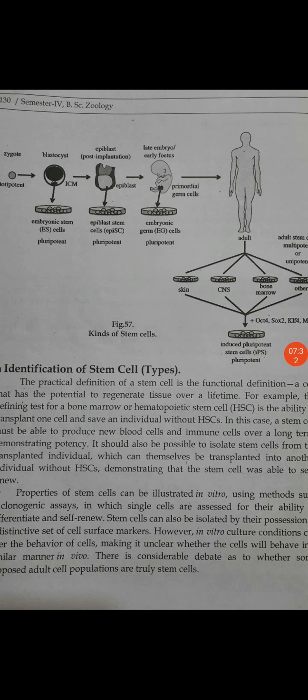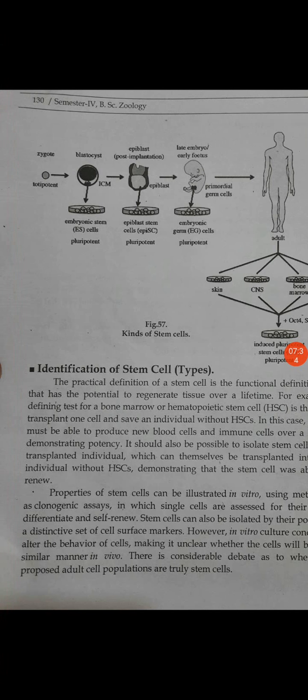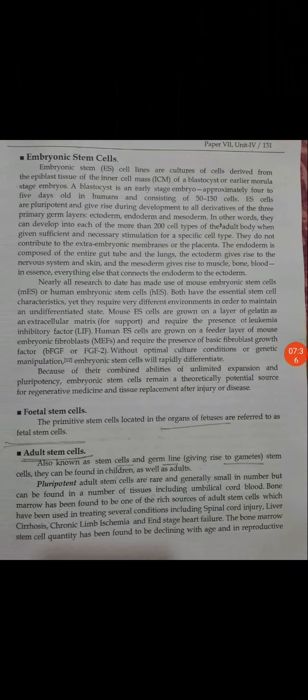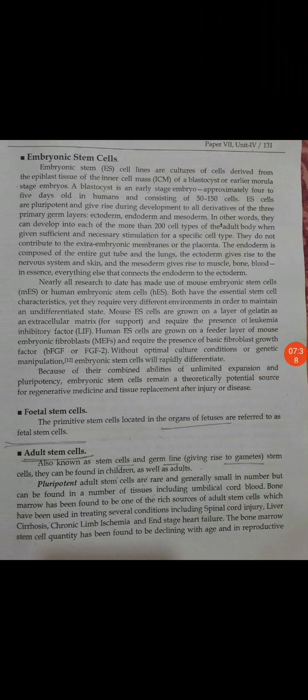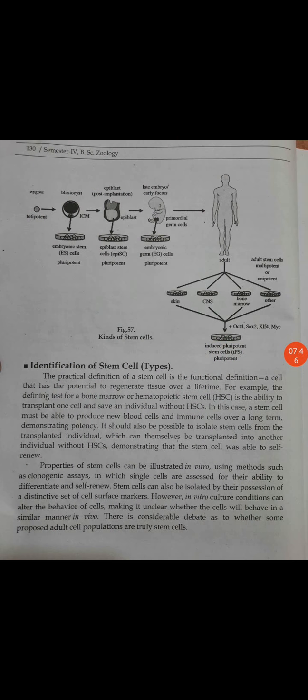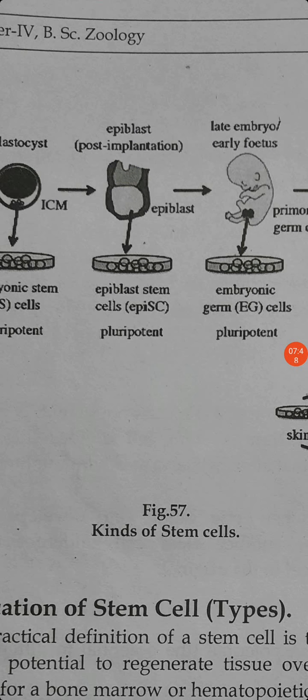Now we get the idea about the embryonic stem cell first of all. Embryonic stem cell lines are cultures of cells derived from the epiblast tissue. See here, this is the epiblast tissue, embryonic stem cells. A blastocyst is an early stage embryo approximately 4 to 5 days old in humans and consisting of 50 to 150 cells.